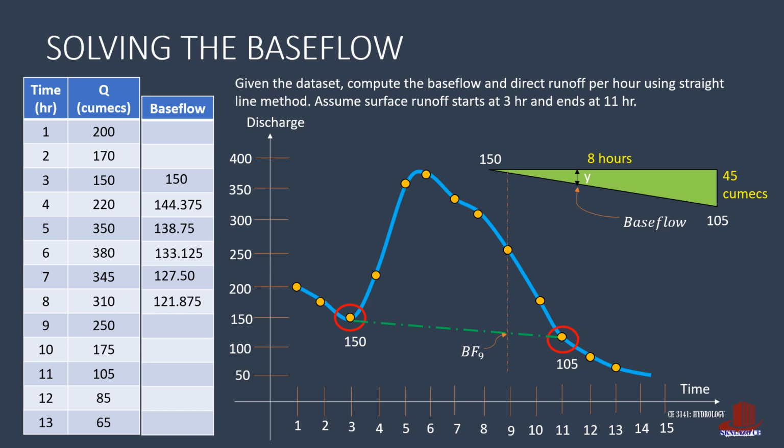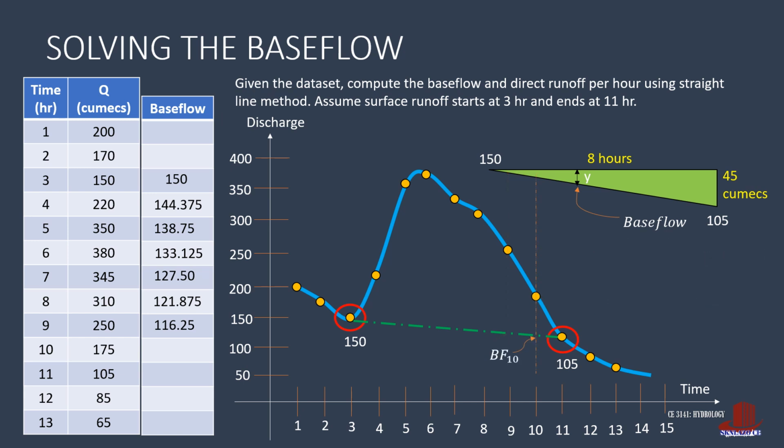For the 9th hour, the proportion included is y is to 6 as 45 is to 8. So y is determined as 33.75. Then base flow at the 9th hour is 150 minus 33.75, which is 116.25 cumex.